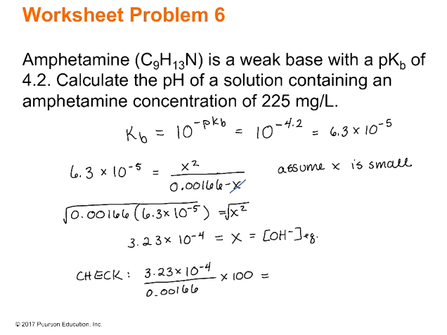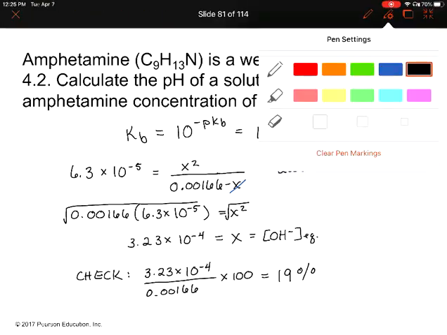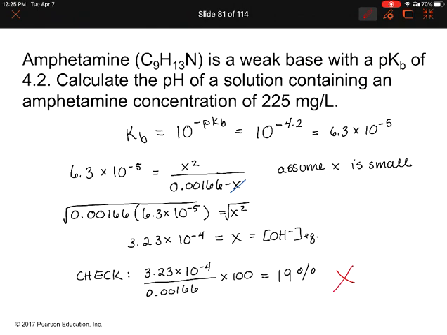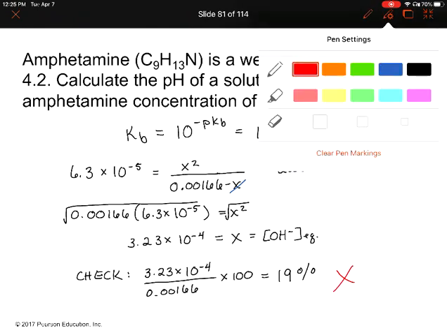Now, unfortunately, it looks like the percentage is 19. So that is much greater than 5. So unfortunately, we cannot make the assumption that x is small.